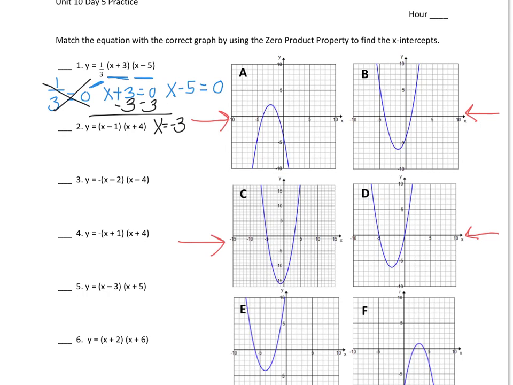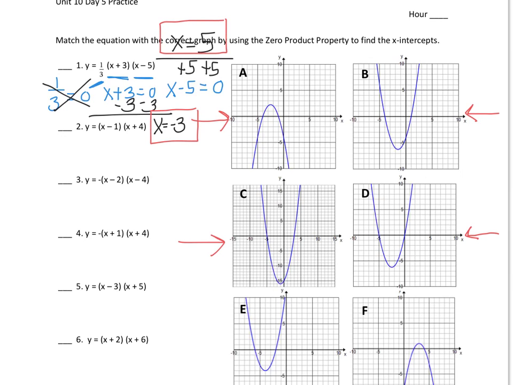Now I do the exact same thing for x minus 5 equals 0. This time I'm going to add 5 to both sides. So when I add 5 to both sides, my answer is x equals 5. So I've solved this. I have 2 solutions for x. I have x equals 5, and I have x equals -3.